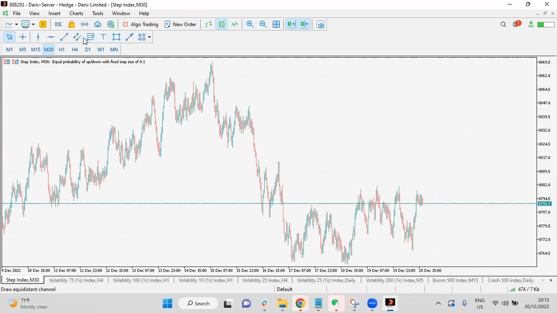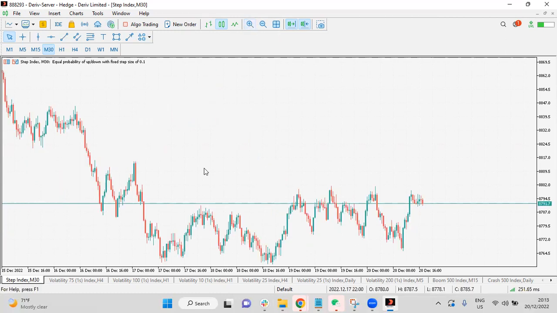How do you determine taking a trade at a key level? Now, let me zoom in and mention a few things. Sometimes, and most of the times, you'll find that there is what is called a previous high or a previous low. A support or resistance is where it has already been tested.